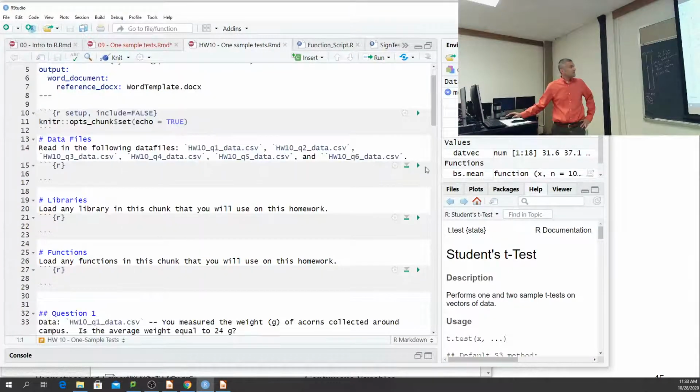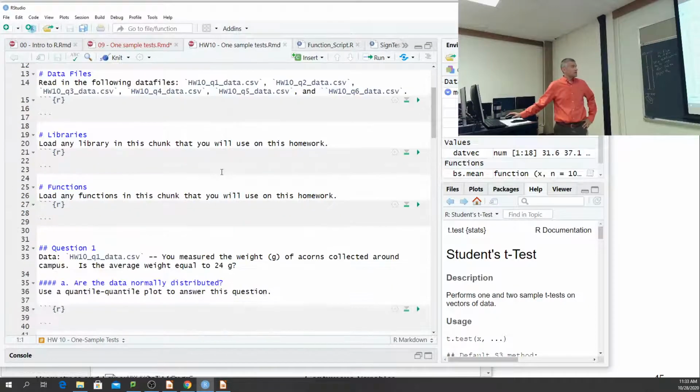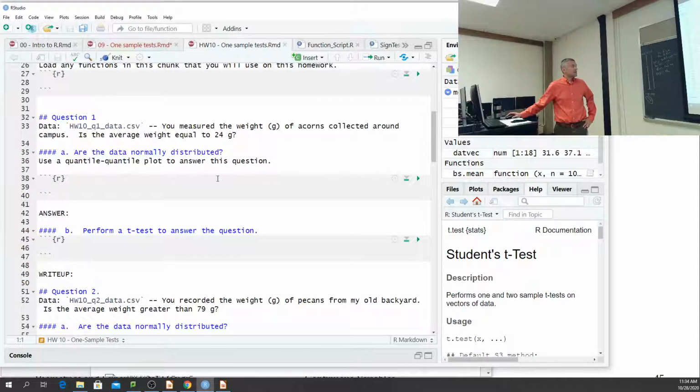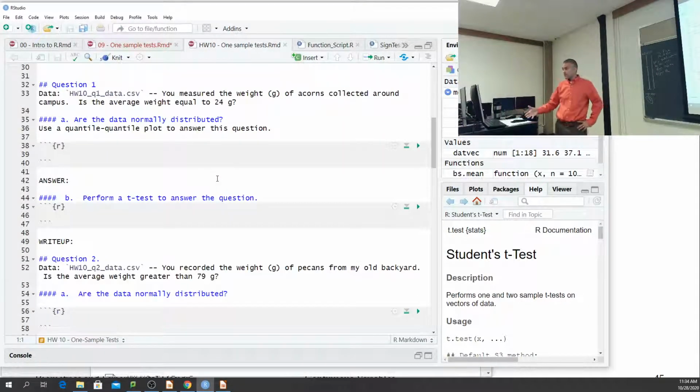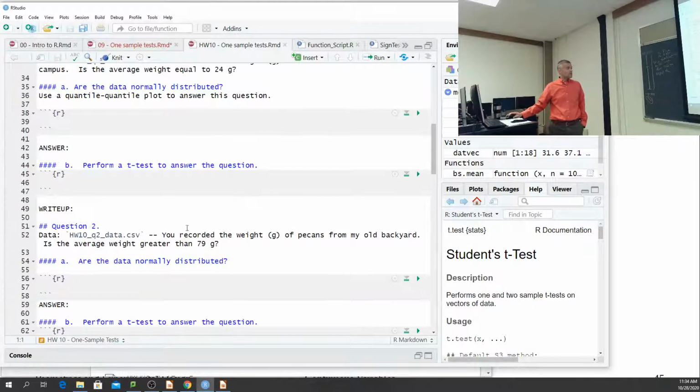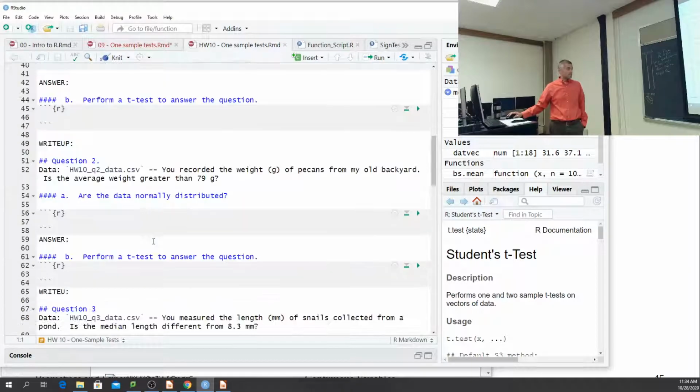All right, so you're going to read in all your data. This is going to be a little more involved for the homework, because I want you to check our normality assumptions, normality of our variables. Then you're going to run the tests.